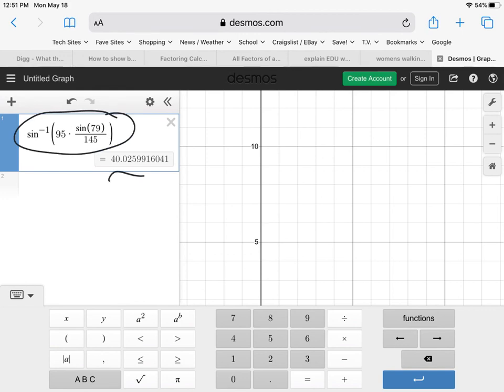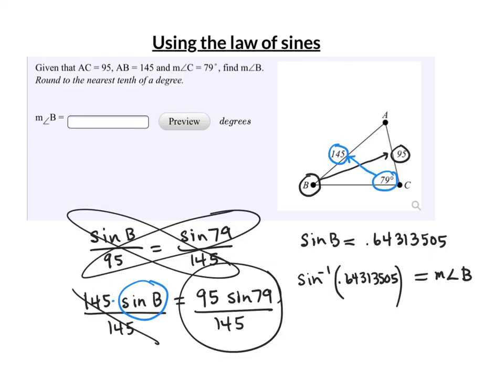To the nearest tenth, 40.0 degrees is your answer. The measure of angle B is 40.0 degrees.